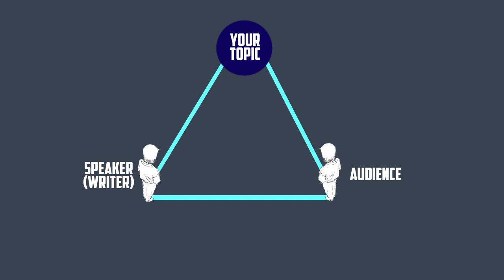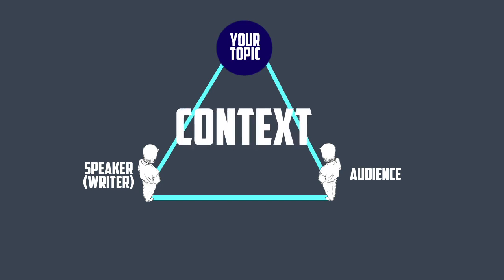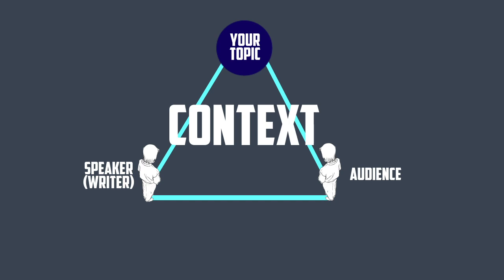So the triangle sits in what we call the context. Context is the situation, the atmosphere, the historical setting even, that the writing is taking place in. It might seem less than thrilling to label this triangle, but it is pretty important to the success of your essay.